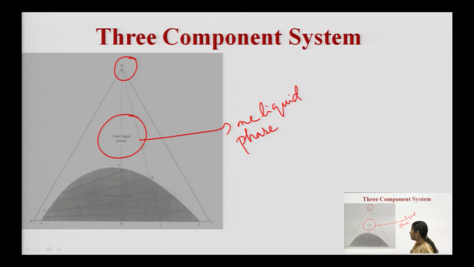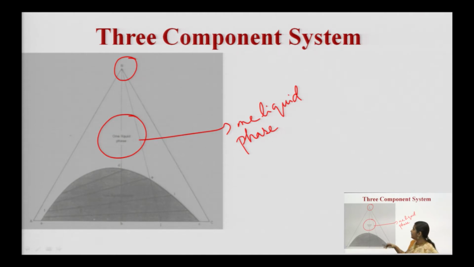We can correlate it with the temperature which we used in the phenol water system. At a particular temperature, 66.8 degrees Celsius, what happens if we go above this temperature? Then the phenol and water will exist in one phase in whatever proportion they are taken.